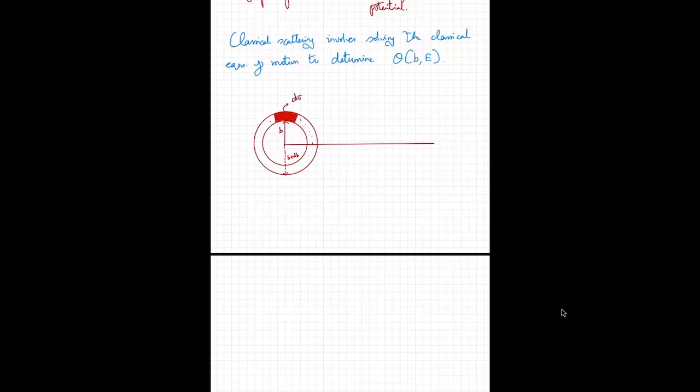So what is it that we are doing? Since we assume that the entire beam is composed of the same kinds of particles with the same energy, I can concentrate my attention on a small bunch of particles. And in order to make my geometry easier, I'm considering a small bunch of particles in the space between two rings with impact parameters b and b plus db.